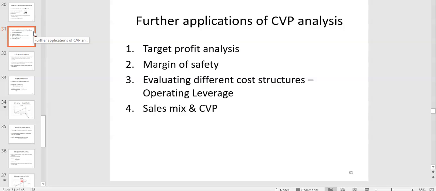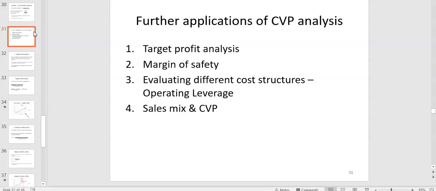Second, we're going to look at margin of safety. This looks at how far away we are currently operating from the break-even. Are we very close to the break-even point, or are we 2 or 3 or 4 iterations away, in terms of the chances of this company losing money in this period?